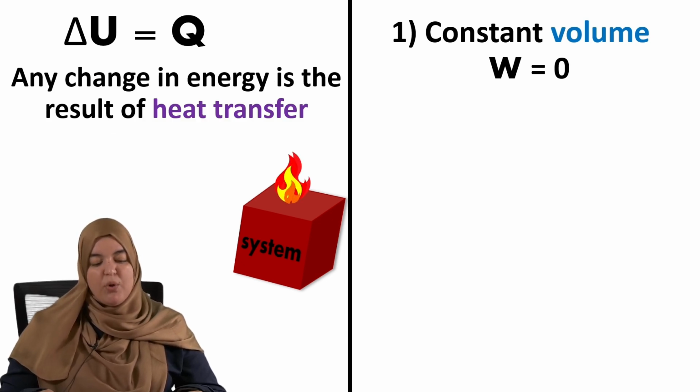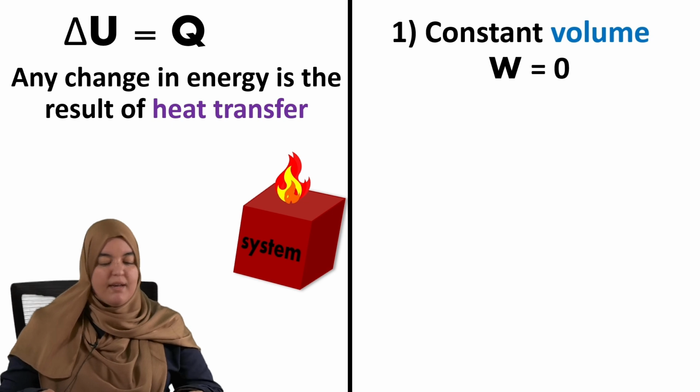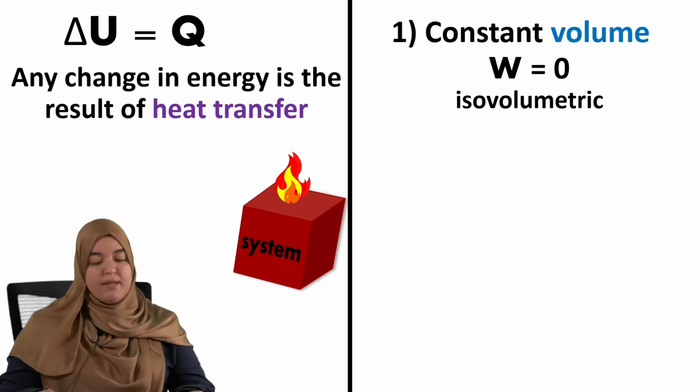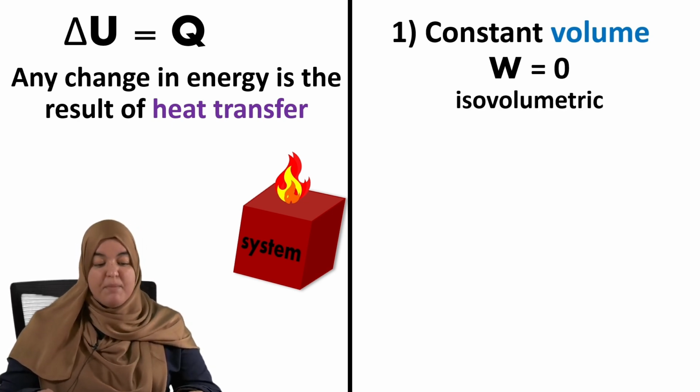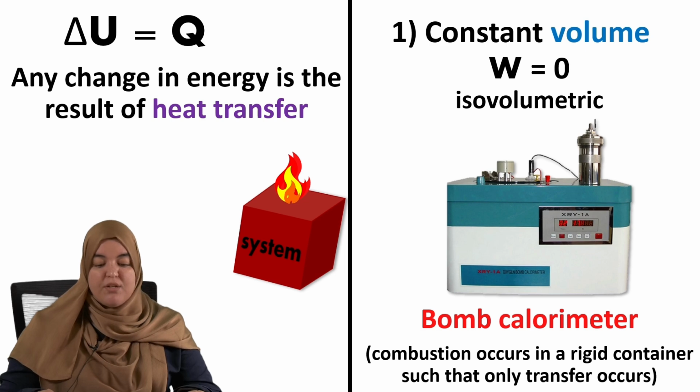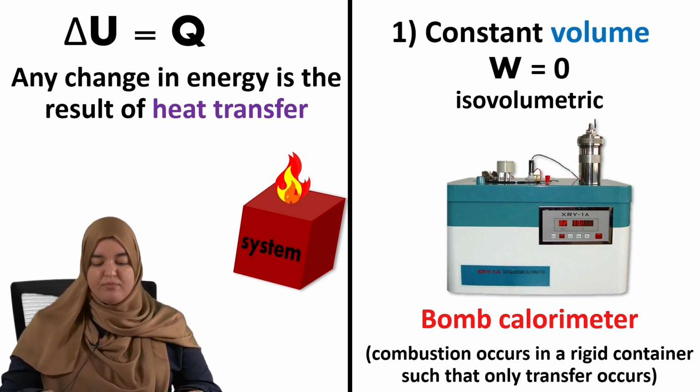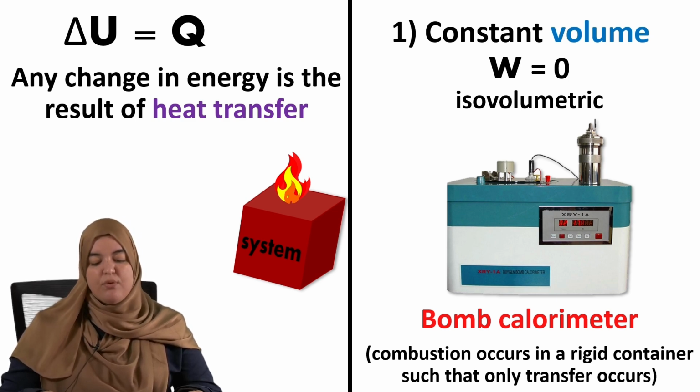This is called an isovolumetric process, meaning no change in volume. An example would be a bomb calorimeter, where a combustion reaction produces a change in temperature but the rigid walls result in no change in volume.